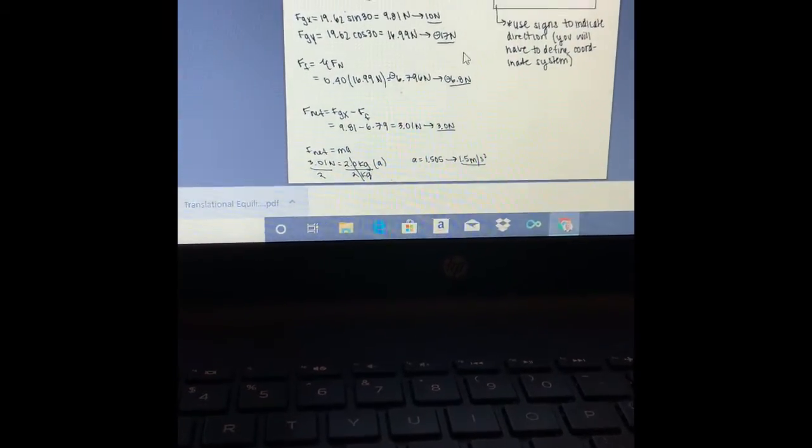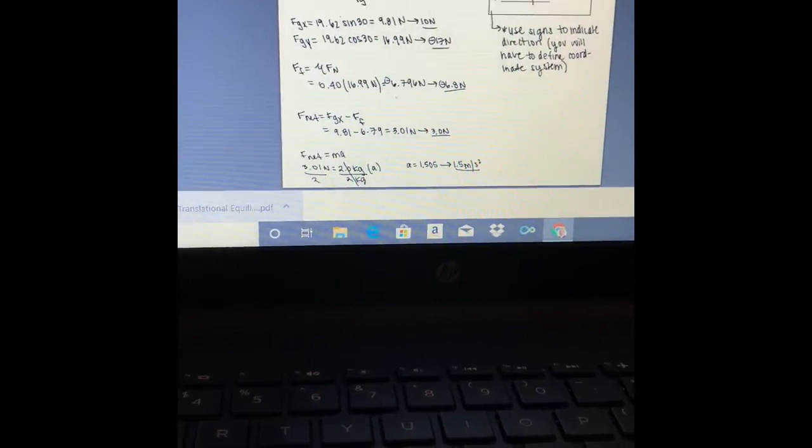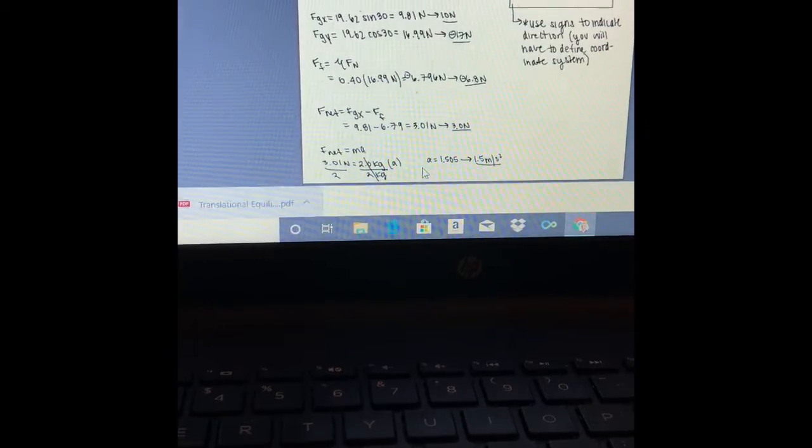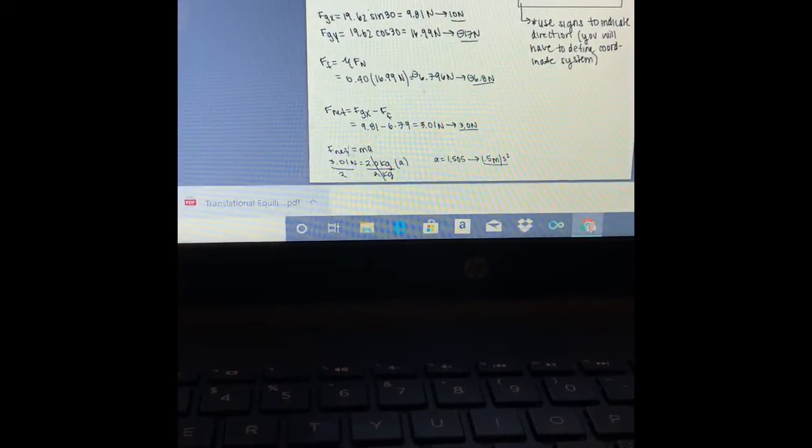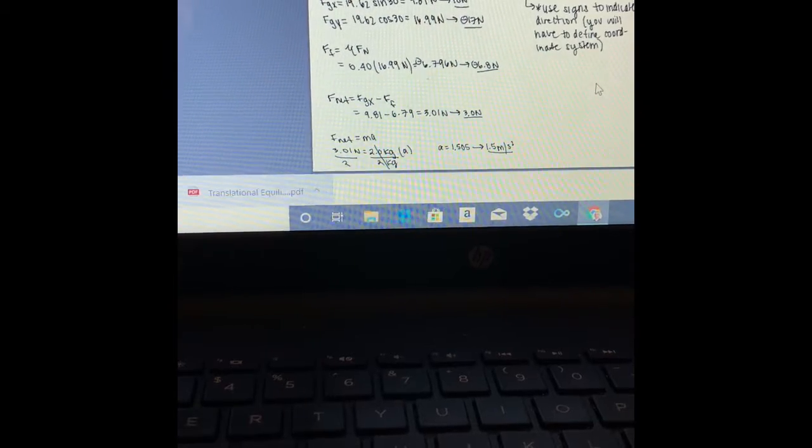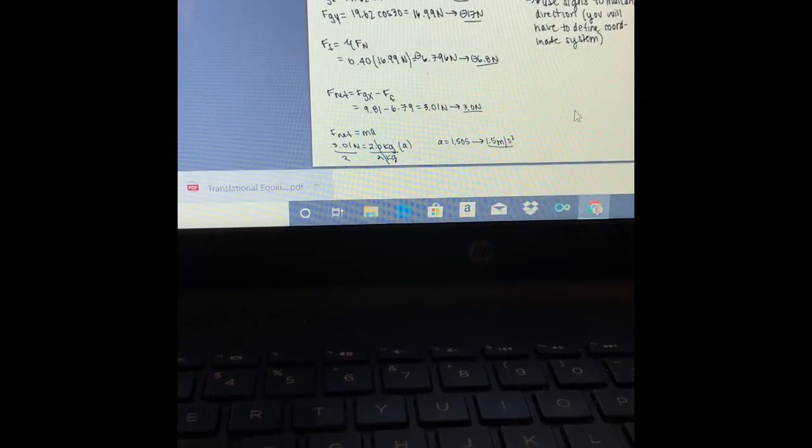Plug that in, you get 3 newtons. But you get plus 3 because it's a positive force and it's going downwards. And then use F net equals MA to find acceleration. That's going to be just plugging into the equation here. And you're going to get 1.5 meters per second squared. That's where you're going to get your acceleration.